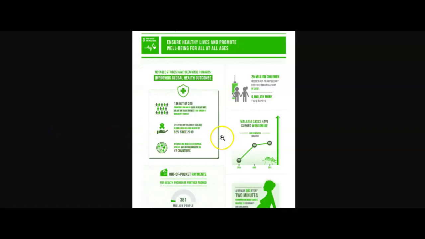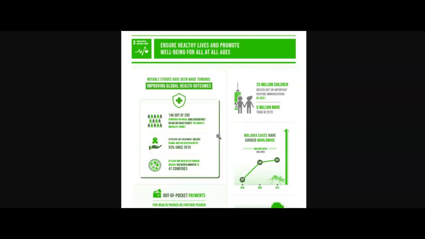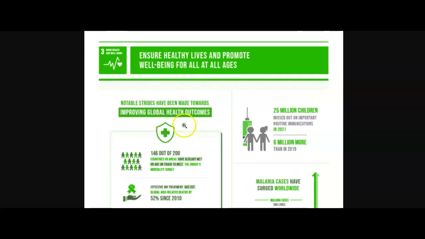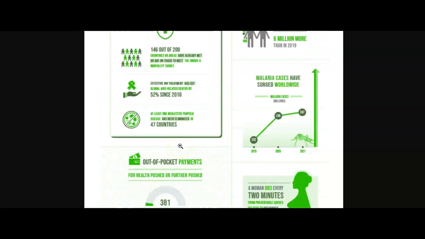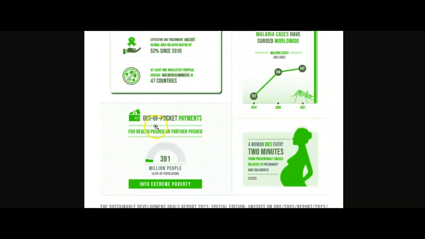So I'm clicking on the high resolution image and making it larger. You can see that we have made strides in reaching this goal, and it'll talk to you about what the strides have been. But it will also talk about the out-of-pocket payments.